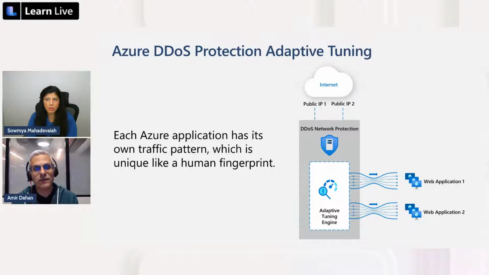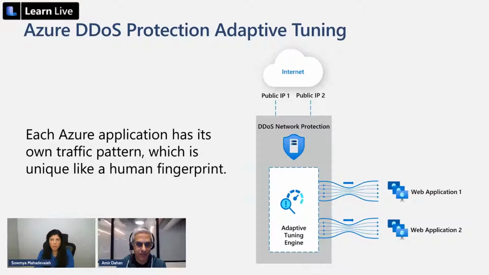A few words about, I would say, our secret sauce. What makes the DDoS protection service effective is what we call adaptive tuning. We have in our backend an adaptive tuning engine, which is built from multiple machine learning based algorithms that create the baseline policy I just mentioned.